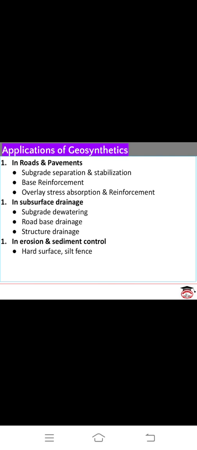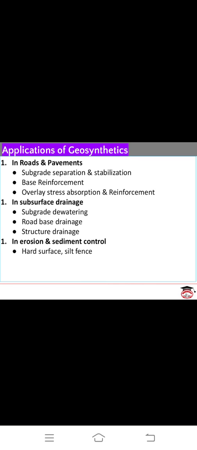So first of all, let us see what the applications of geosynthetics are. The first application is roads and pavements. In roads or pavements, geosynthetic material plays a very important role, that is subgrade separation and stabilization.